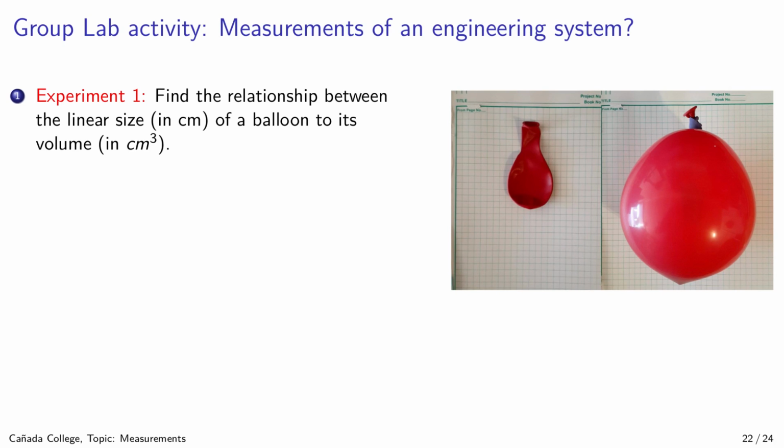You're going to inflate a balloon like shown here, and measure some linear dimension, for example the length like this, and the volume of air inside the balloon. You're going to make this measurement for different combinations of length and volume, and then try to generate a relationship that describes how the volume changes with the length of the balloon.